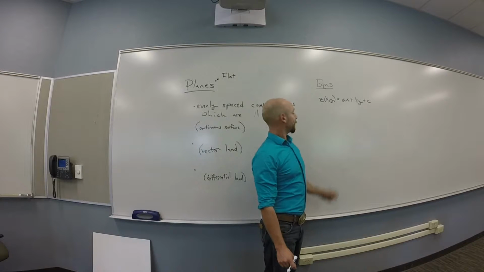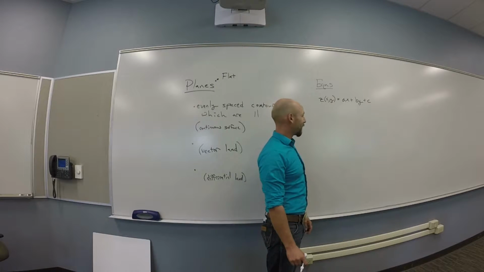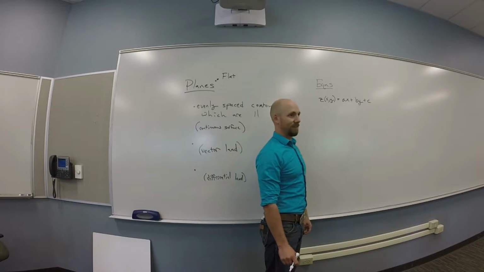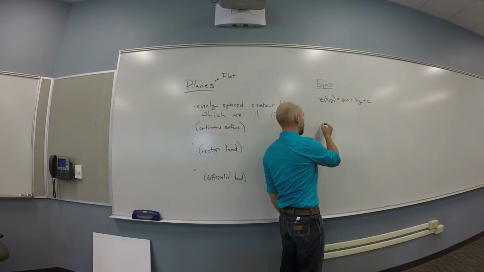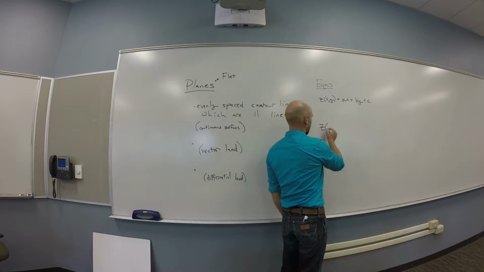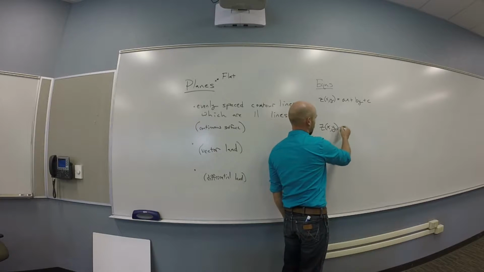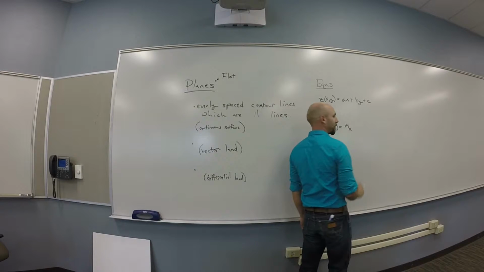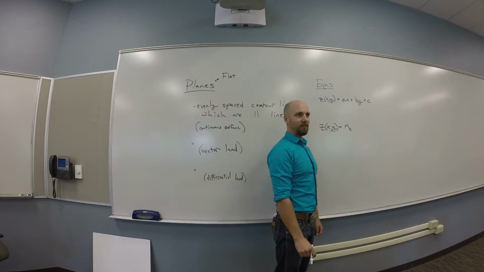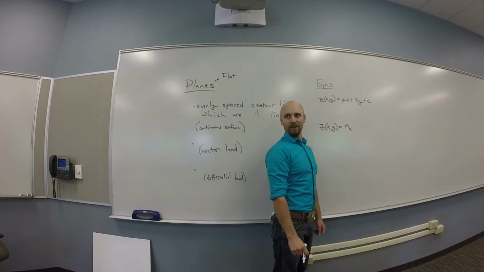Okay. For right now, I think I might do something slightly different. I'm going to make another form of a plane here. I'm going to say z of x and y. I'm going to use mx for the x direction slope. That kind of make sense?